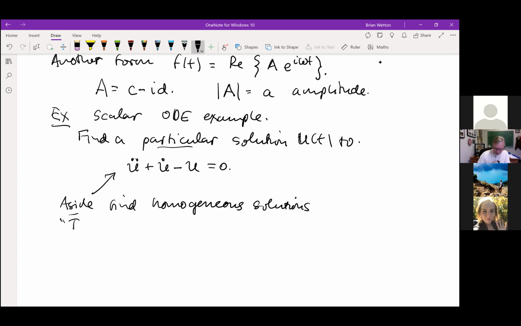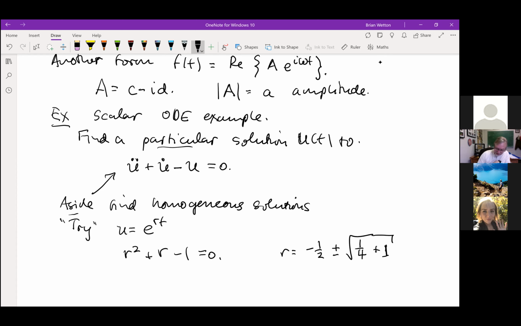Remember, this is a game where you try, because it always works, things that look like e to the rt. You get r squared plus r minus 1 is equal to 0. That gives me r is minus 1/2 plus or minus the square root of 1/4 plus 1.